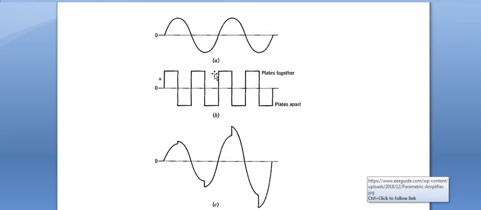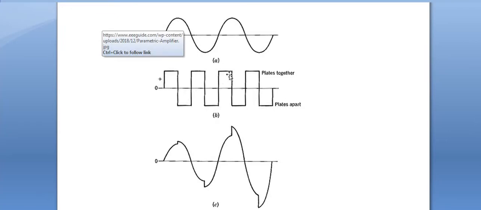Furthermore, the energy thus given to the circuit is not removed when the plates are restored to their initial position, that is, when the capacitance of the diode is restored to its original value, because this is done when the voltage across the capacitance is instantaneously 0.